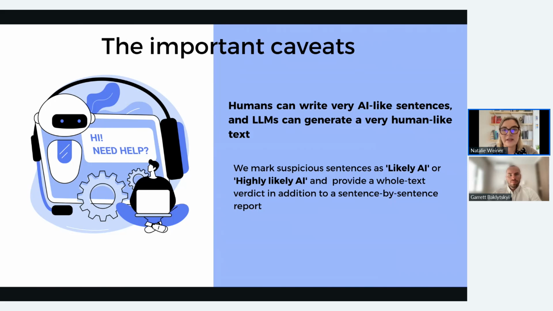So that's why we label our predictions as likely AI or highly likely AI, for example. And we also provide the AI probability score for the whole text for your reference. So we provide a sentence by sentence report, and then also the overall probability, which is calculated for the whole text.